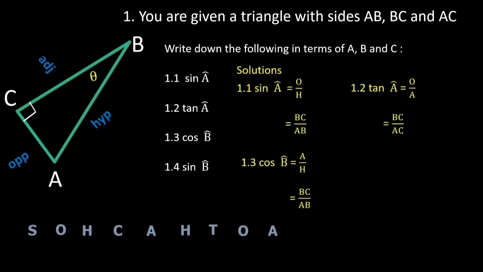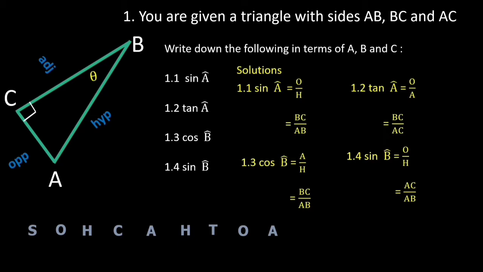The sine of B, and notice the cos of B is equal to the sine of A. Later on, we'll talk about that. Sine B is opposite over hypotenuse, which is AC over AB. So the opposite and adjacent sides are interchangeable.